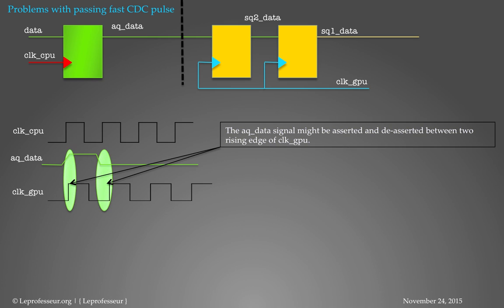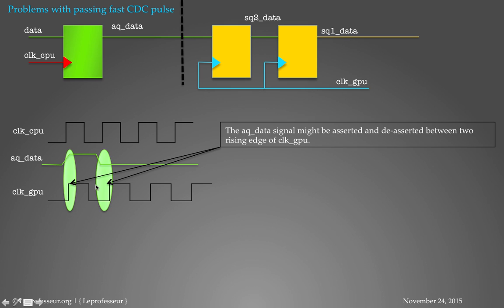What's going to happen is that if your clock domain 2, the receiving clock domain, its period is not big enough, and the data is changing too fast, then it might happen that this async data is asserted and deasserted within one clock cycle of the receiving clock domain.